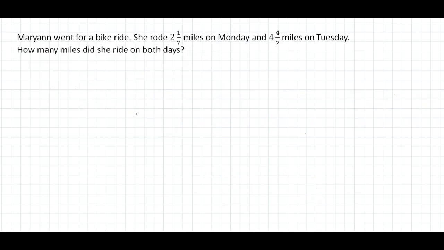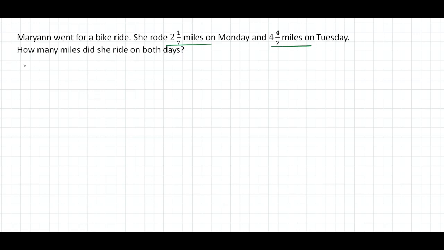Let's try another example. Marianne went for a bike ride. She rode 2 1/7 miles on Monday, and 4 4/7 miles on Tuesday. How many miles did she ride on both days?